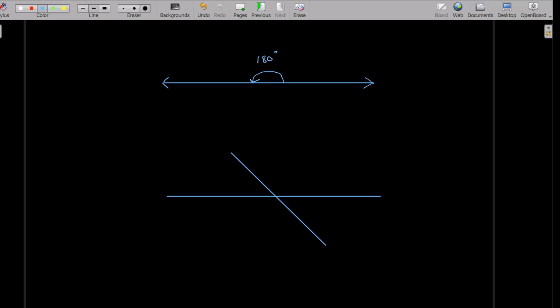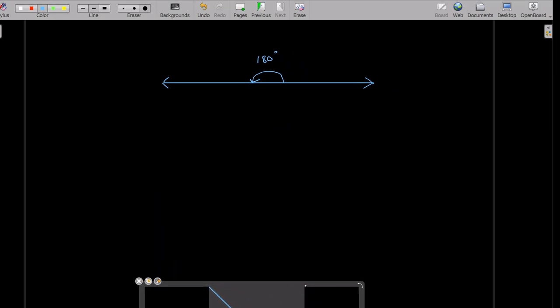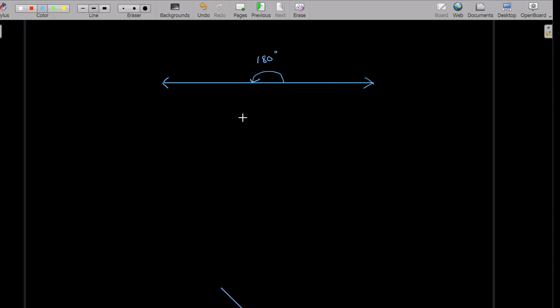Okay, now what happens if I take this line and divide this line in two parts by drawing another line? You should know that the straight angle will still remain the same, right?